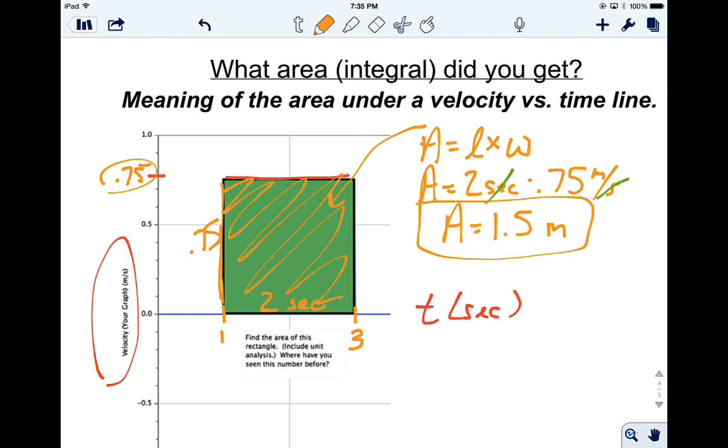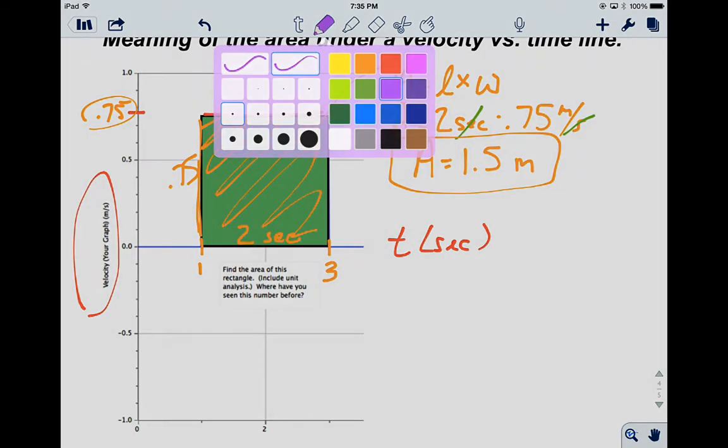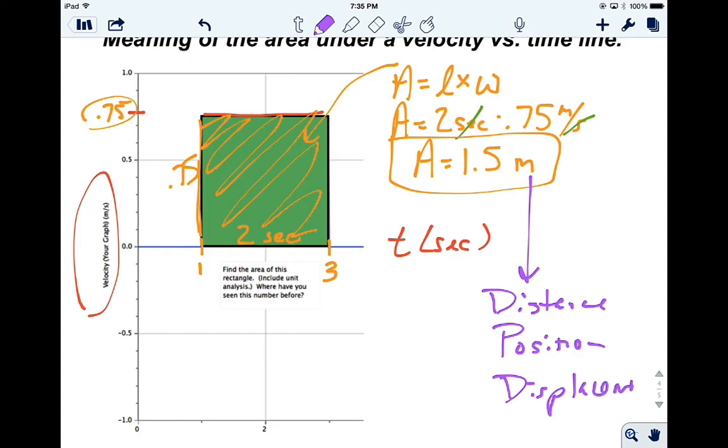Huh. 1.5 meters. When we talk about meters, we know we have units that work towards things like distance, position, displacement. So when we see units like that, we know there is physical significance. So this area under this curve must mean something.